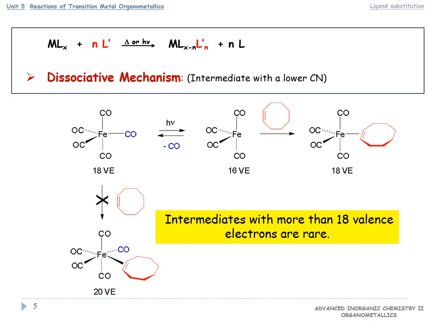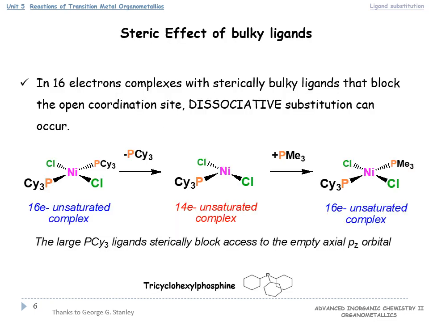If the mechanism were associative, the intermediate would be a 20 valence electron complex, which are rare. Dissociative substitution can also occur in 16 electron complexes if sterically bulky ligands are involved, as those in this example.